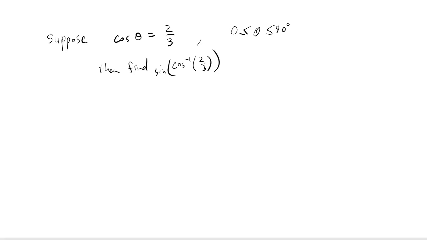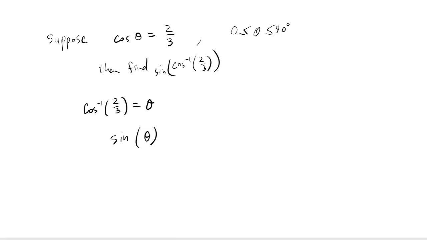All right, so let's see. What is cosine inverse of 2/3? Well, the inverse function switches input and output. So this output became the input, and therefore this angle theta will be the output. So this question is really asking for sine of theta when you're given that cosine of theta is 2/3. How do you know the value of sine theta when cosine theta is given?